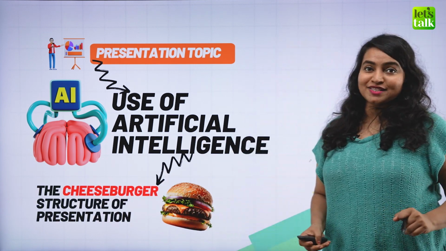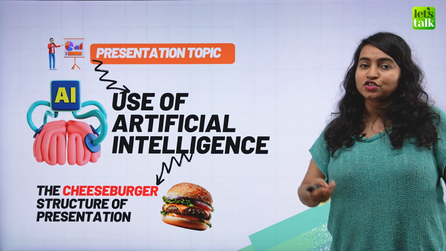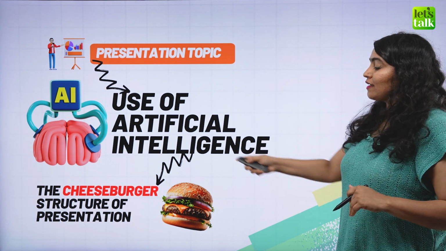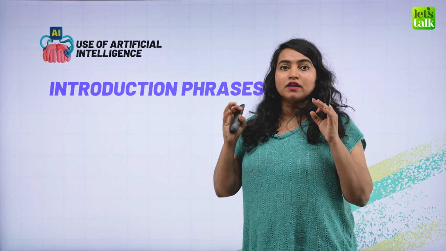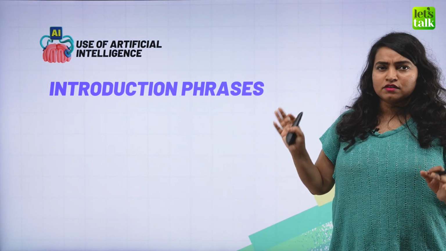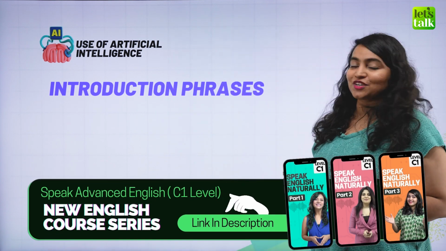Well, our topic of presentation is going to be the use of AI, or what we know as artificial intelligence. So let's take a look at how we do that. Well, to begin with, we need to have the right introduction phrases. Do you remember the buns on your cheeseburger? Well, that's what the introduction phrases are.